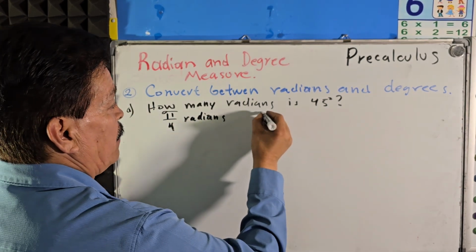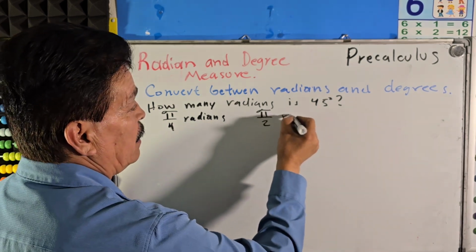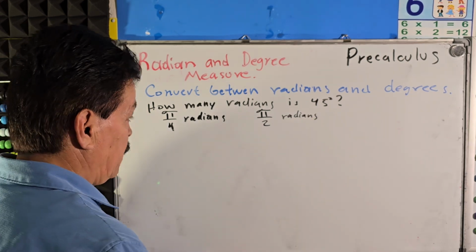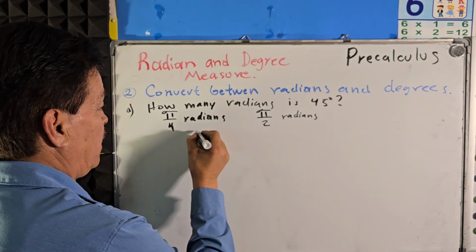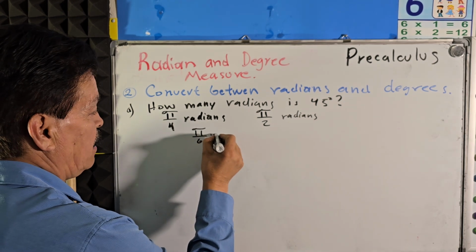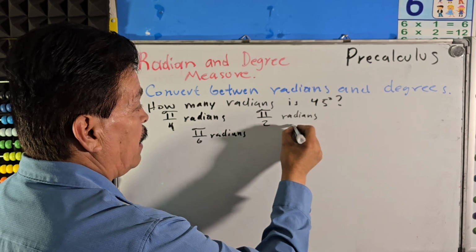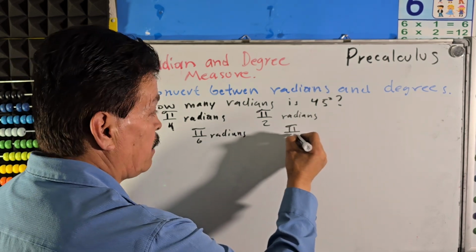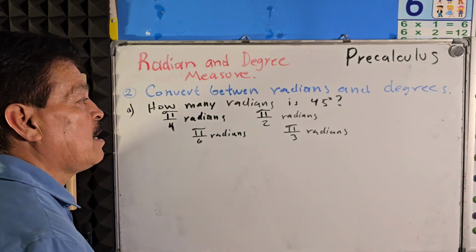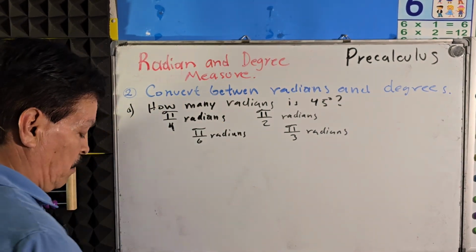The other one is pi divided by 2 radians. Then pi divided by 6 radians. And then pi divided by 3 radians. That's our problem. We have four possible answers.